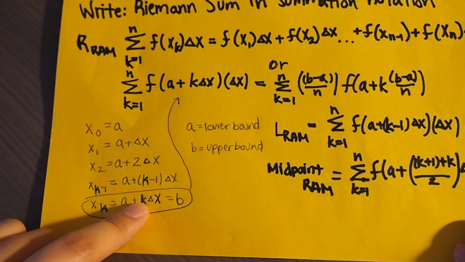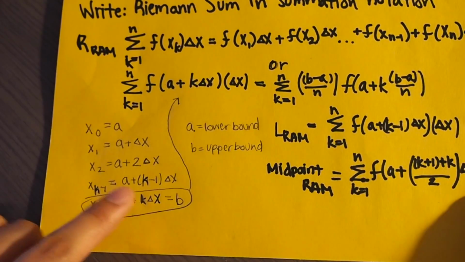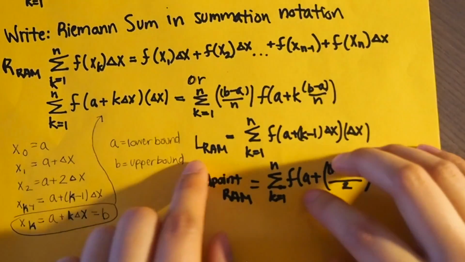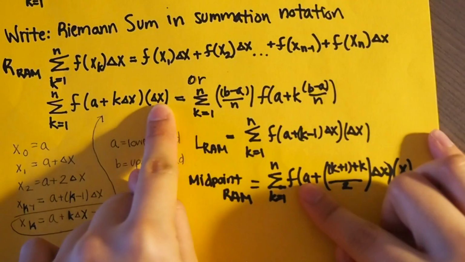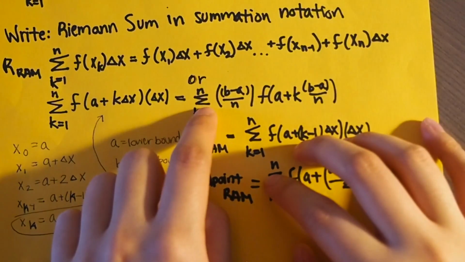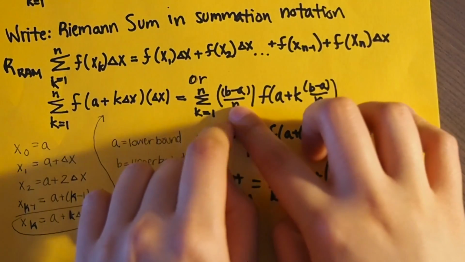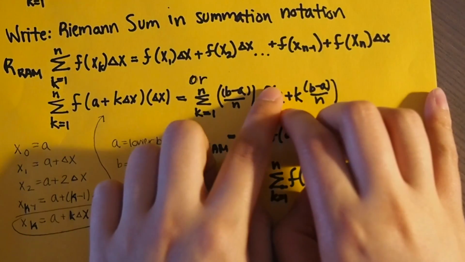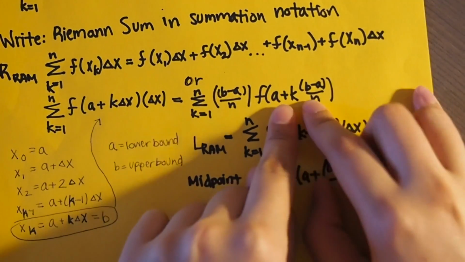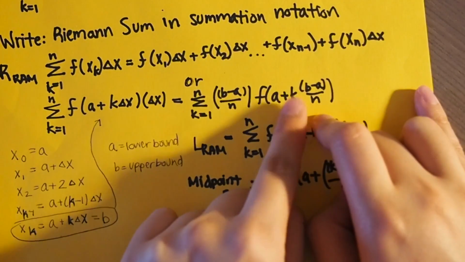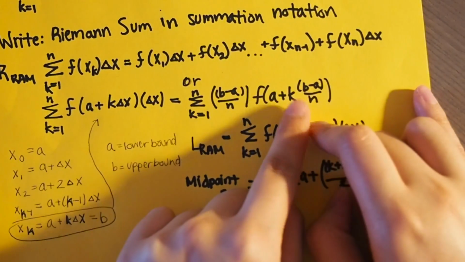So you can see that when you plug into the formula, you'll actually get the addition of the change in x times f of the initial start plus the change in x times whatever amount of rectangles you want.